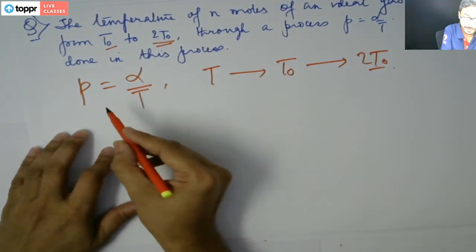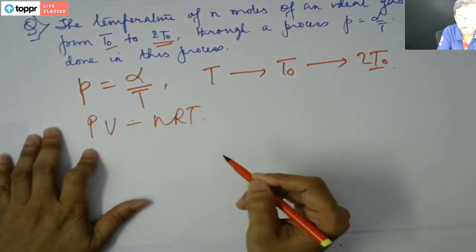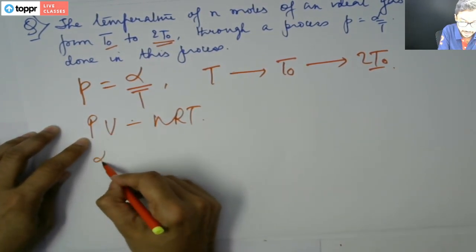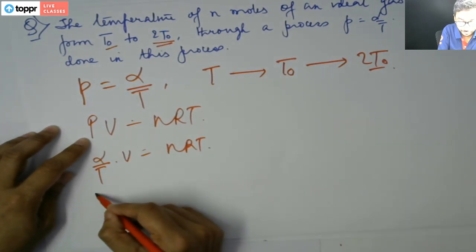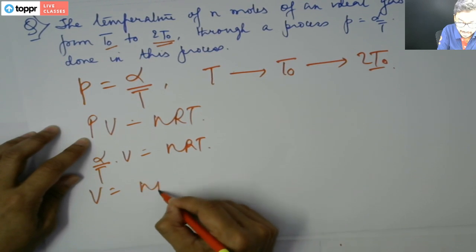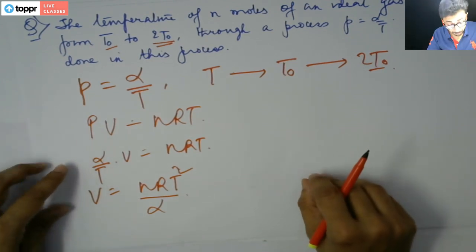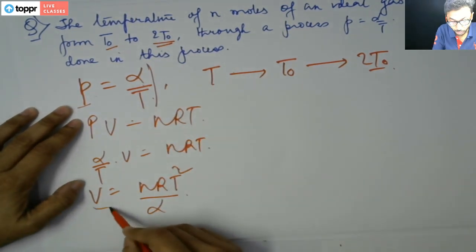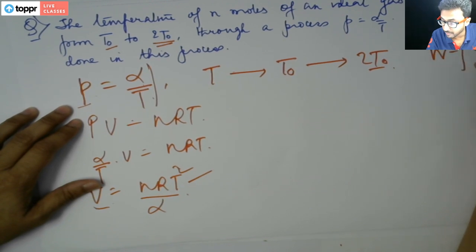So what to do? We know PV equals nRT, and P equals alpha T. So in place of P, if we write alpha T, then V equals nRT square by alpha. Pressure we know as a function of T, alpha T. Volume also we need as a function of T, because work is nothing but the integration of P dV.